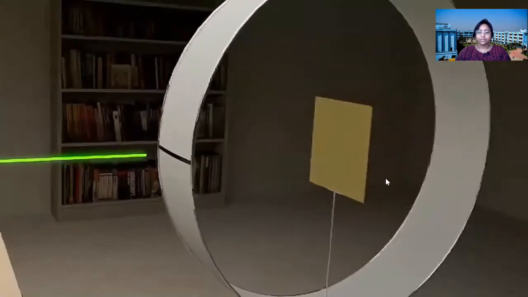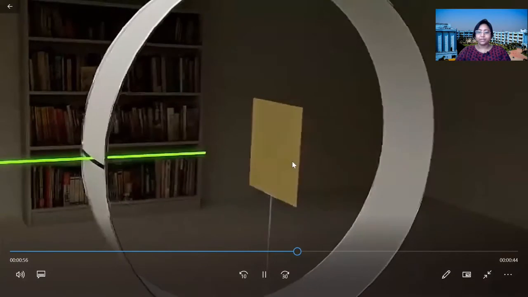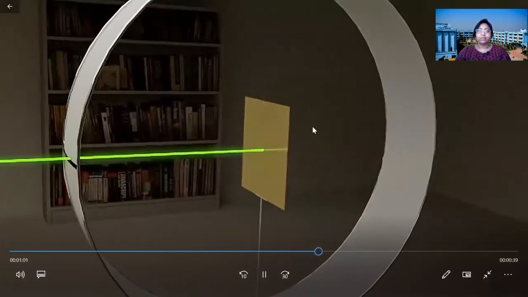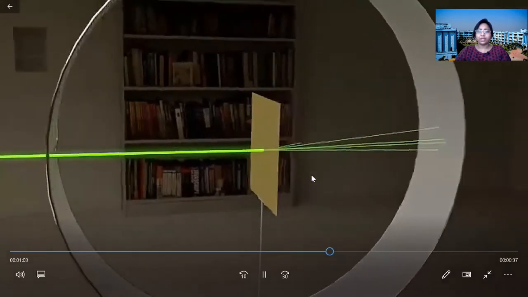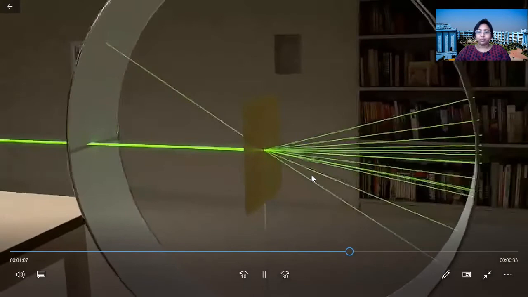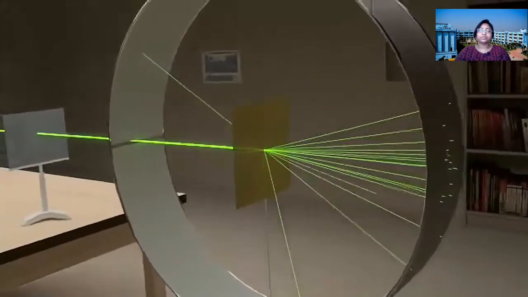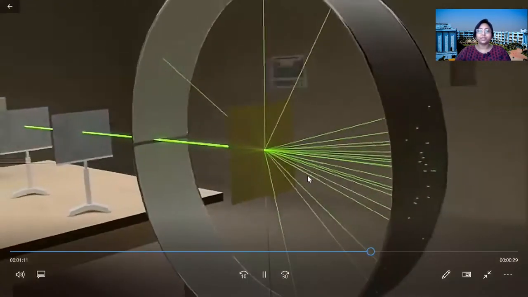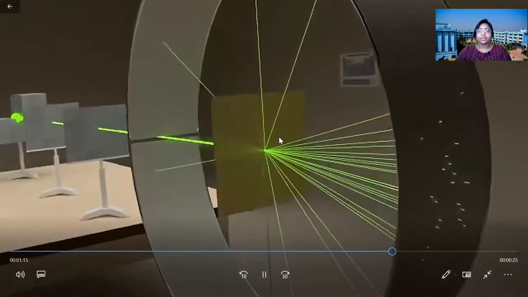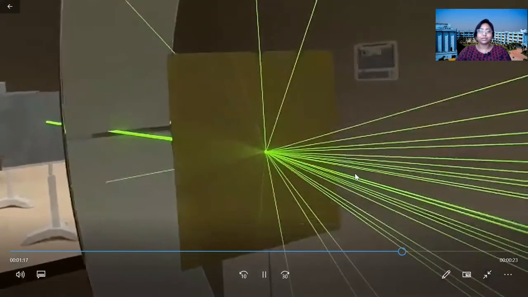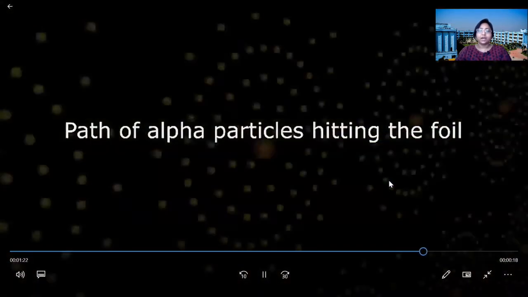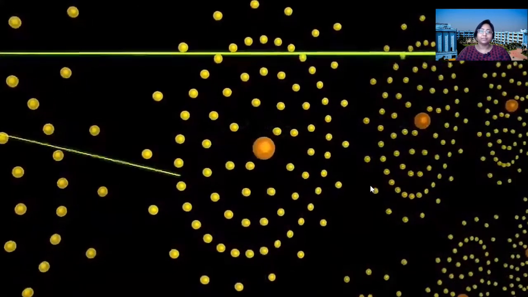Now here you can see the 100 nanometer thick gold foil. The alpha particles fall on the foil, and what happens? They go in different directions. Most of the radiation passes through the gold foil, but a few of them go back.